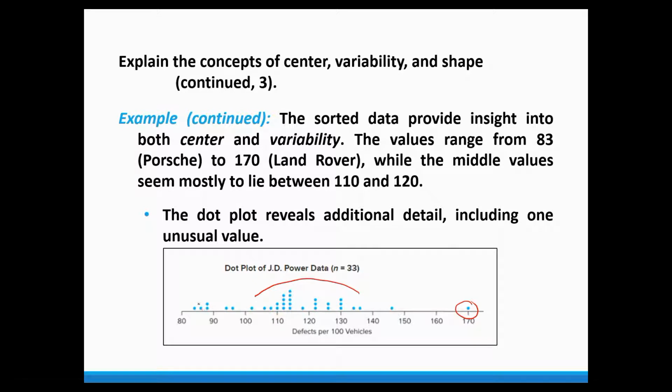Why is that? Because we have some observations here, and we don't have any observation here. It's far from the concentration, and this is considered an outlier because it's really too far from the concentration of the data.